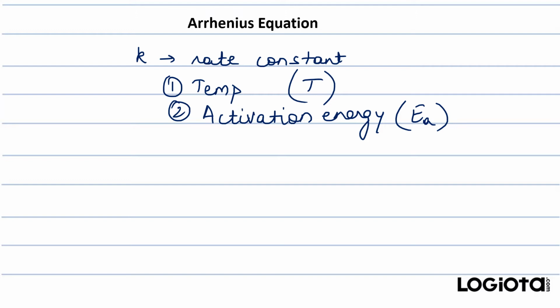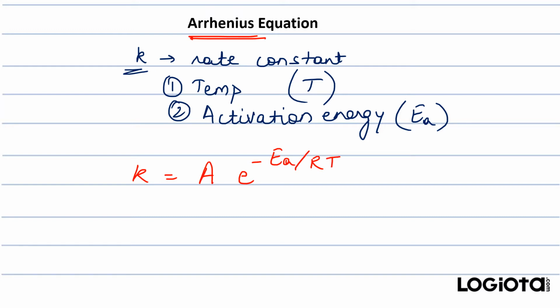The equation which connects this rate constant, temperature and activation energy is the Arrhenius equation. The equation is small k is equal to A e raised to the power minus EA over RT, right?